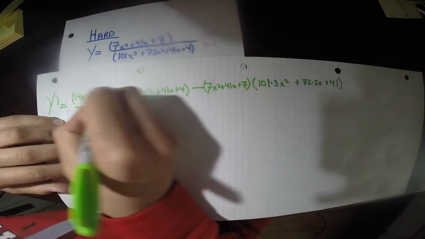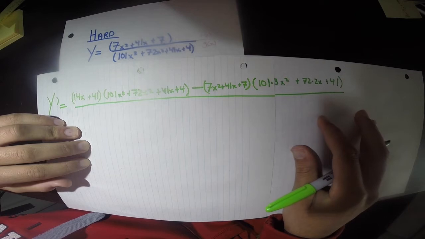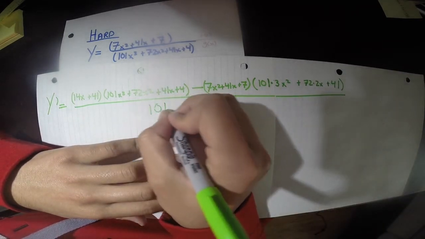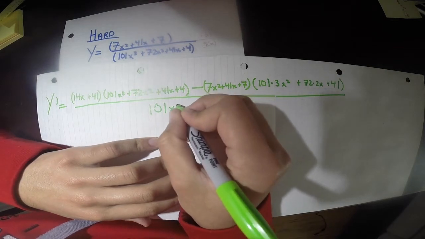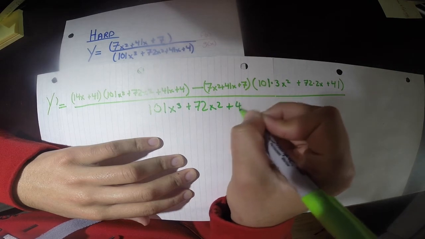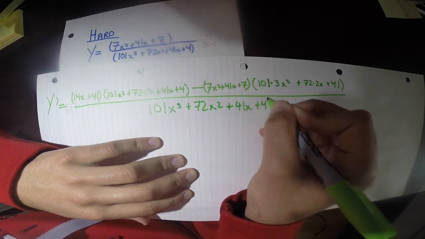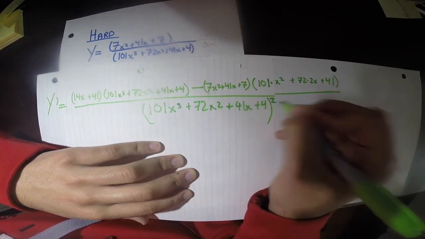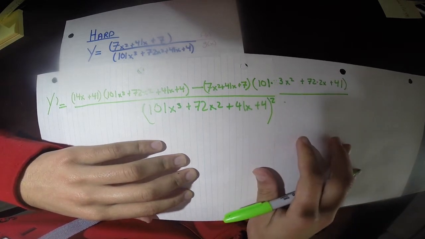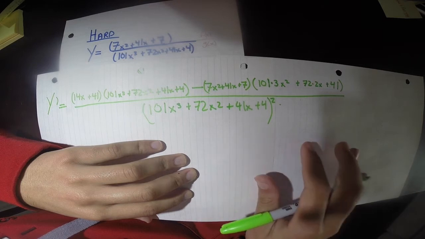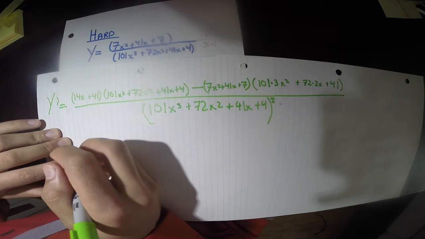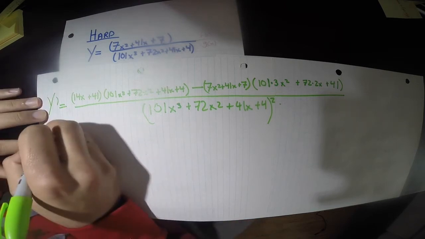Now, this whole thing by 101x cubed plus 72x squared plus 41x plus 4 squared. Okay, let's just keep that. It's a bit complicated. There we go. Now let's go to the next line.